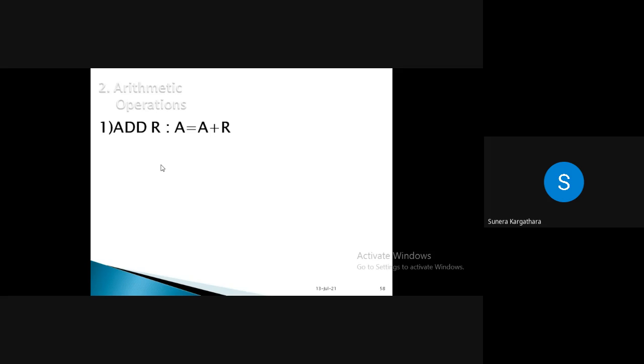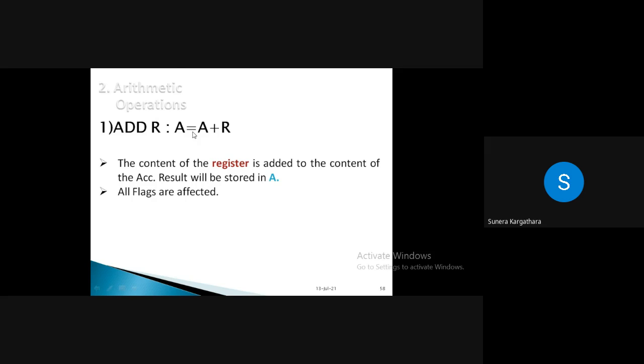Okay, anything else that we still need to discuss about this instruction? Everything is clear, students? Yes or no? Are we getting each and every point? Let's say for example, here the format is mentioned: the content of the register is added to the content of the accumulator. Am I audible, student?